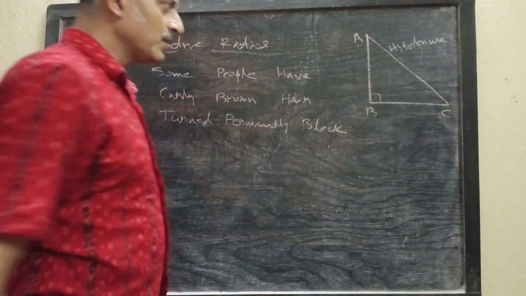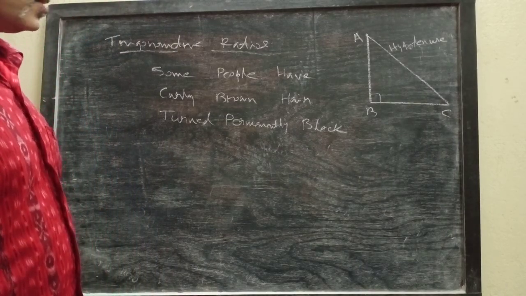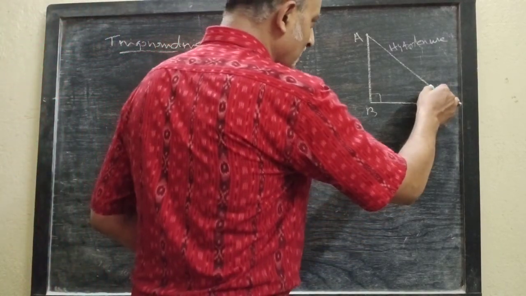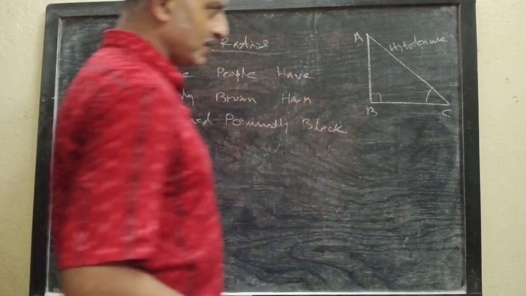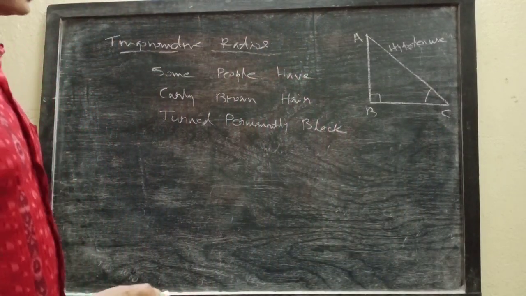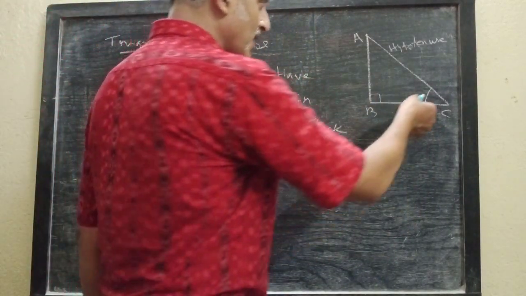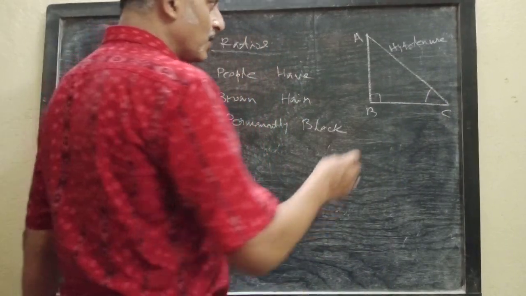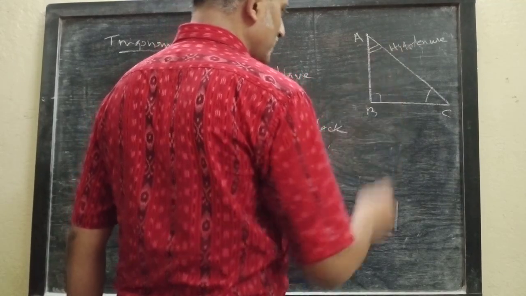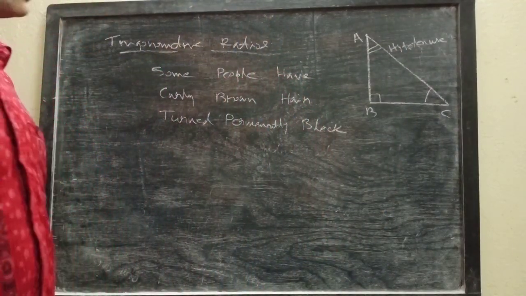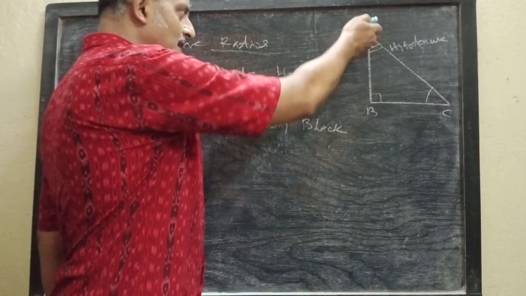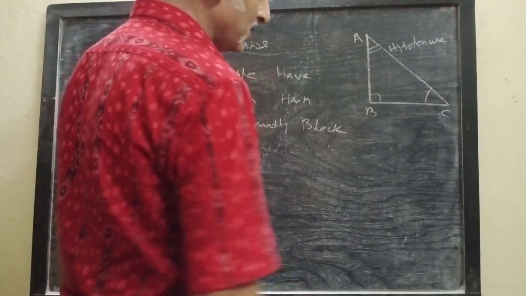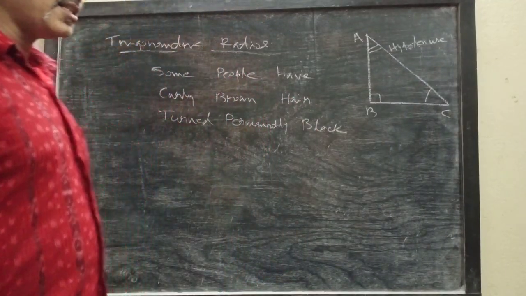Now these 2 sides AB and BC: when we consider angle ACB and are finding trigonometric ratios of this angle, then the side opposite to it, that is side BC, will be considered as perpendicular.